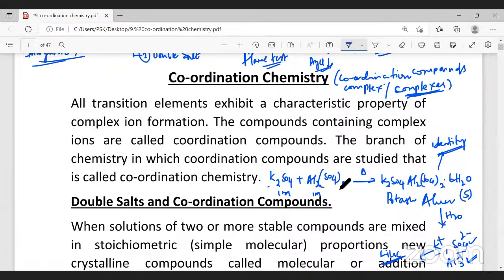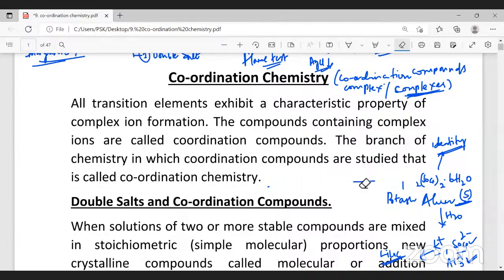Aluminum sulfate is also a simple salt. When these two simple salts are mixed in equal volumes and equal concentration and heated up, you get a double salt. This double salt will maintain its identity only in the solid state. In water or aqueous medium, it will dissociate to give simple ions. Did you understand what is a double salt? Did you follow?